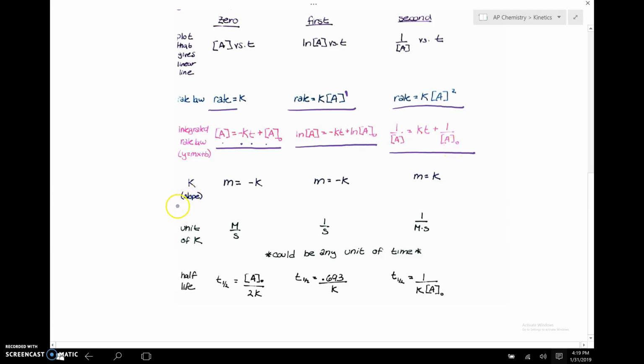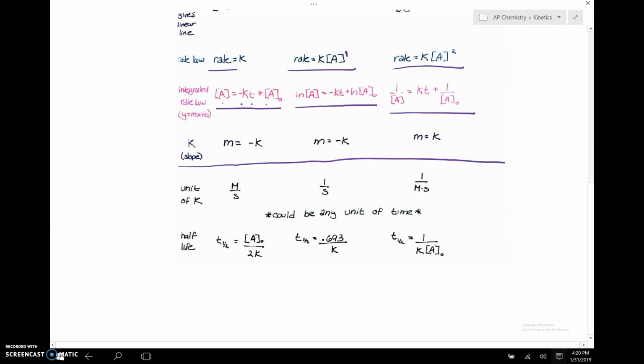The next column here just talks about the slope, remembering that we have to throw that negative in front for the zero and first order graphs. Okay. The next is the units. So if you want, you can just memorize the units of k based on the order, or you could just use the differentiated rate law to solve for the units, like we would in the previous video about differentiated rate law.